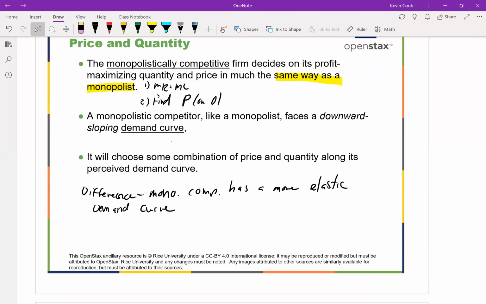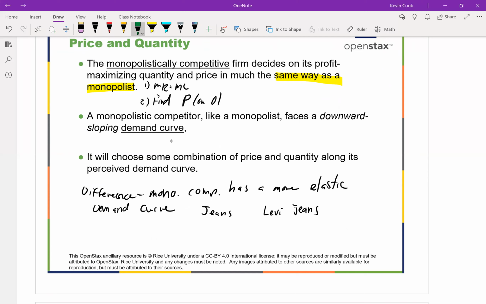So with this, what I may think of is something like jeans and Levi jeans. Levi's is a specific brand, and there is potentially a difference between different brands of jeans.